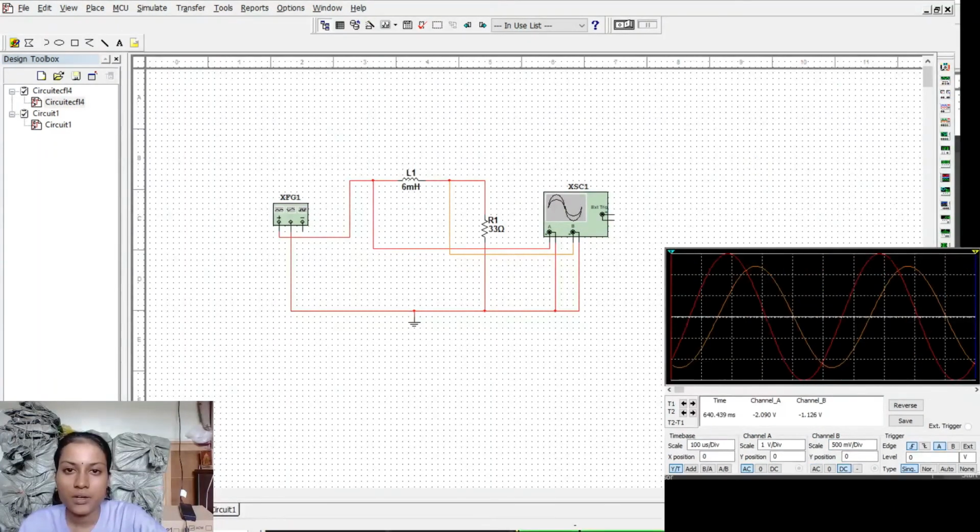Now I'll show how to determine the phase angle for the RL circuit using the 6 millihenry inductor. Just like the capacitor just now, I'll use the one that I created for Lab 4 that day. So I'll show how to find the phase angle.